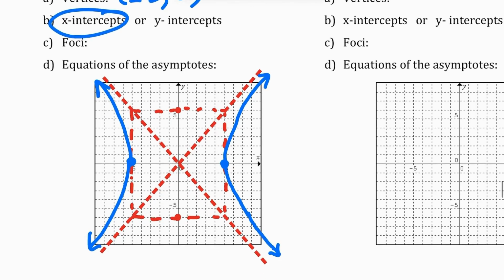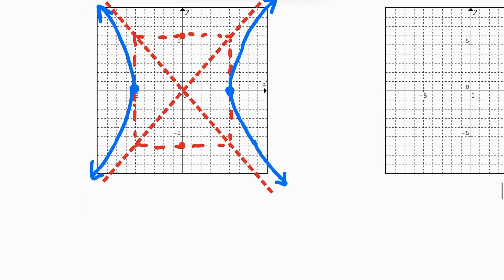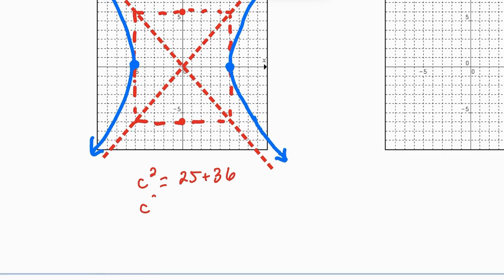Our focal points are going to use this equation that's different than what we had with ellipses, c squared. I'm going to change my pen width here. So c squared is actually going to equal a squared plus b squared, and it doesn't matter what order we do that in. So 25 plus 36, and you end up getting c squared equals 61. So c equals the square root of 61, and it can't be reduced.